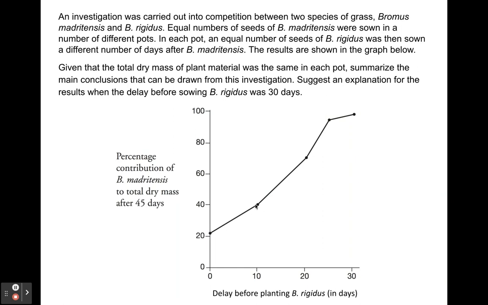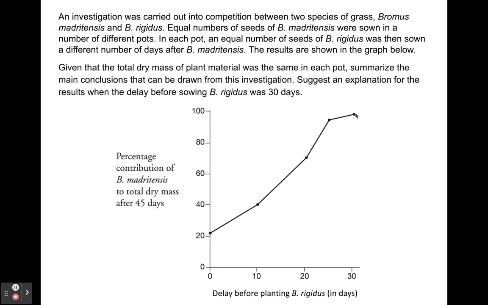In the second group, madritensis makes up 40%, which means rigidus makes up 60%. And what we see happening here is we waited 10 days before adding the rigidus. So really, we've given madritensis a 10-day head start. And that's why madritensis does better. If we give madritensis a 20-day head start, now madritensis is going to outcompete rigidus.